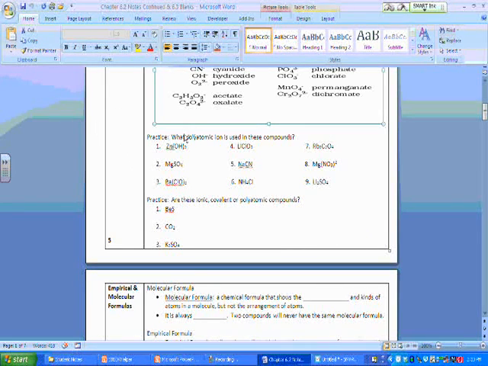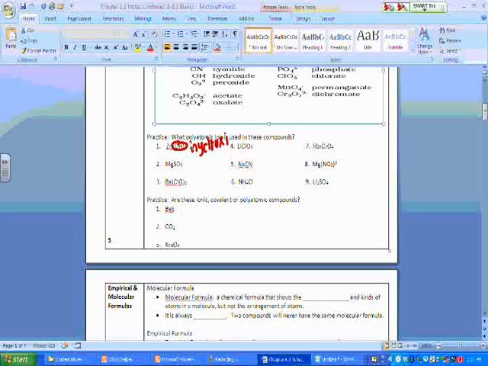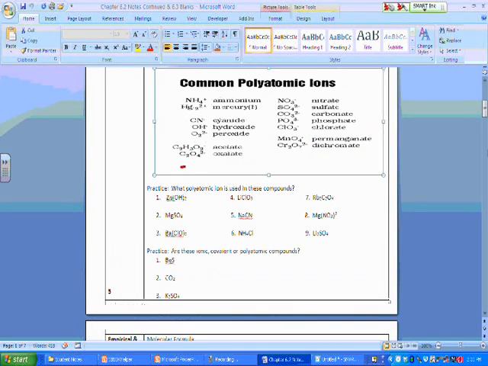Okay, let's look at these answers very quickly. For number 1, we have hydroxide being used, and it's right here, and it's hydroxide. The second one, if you'll notice on your chart up there, SO4 is sulfate.